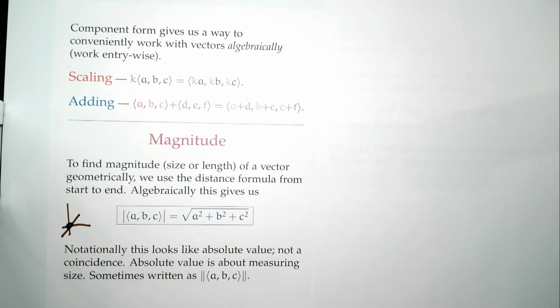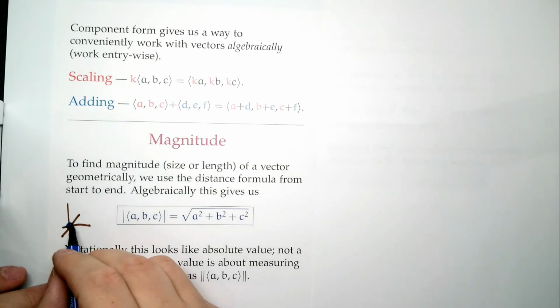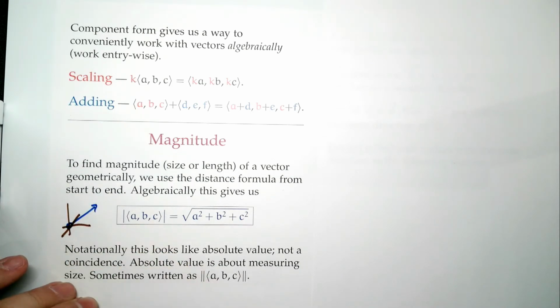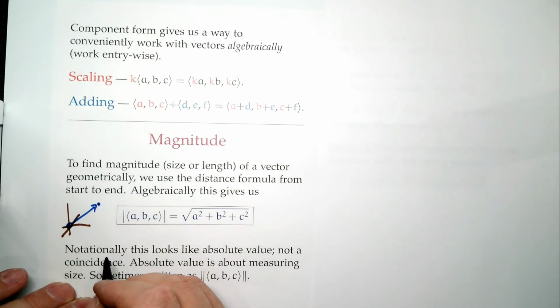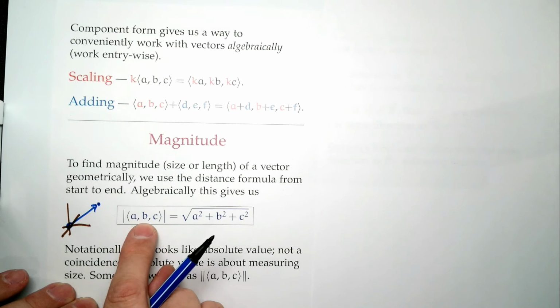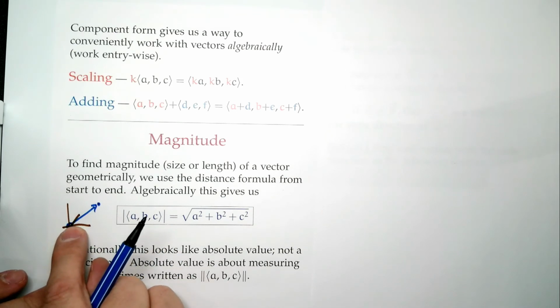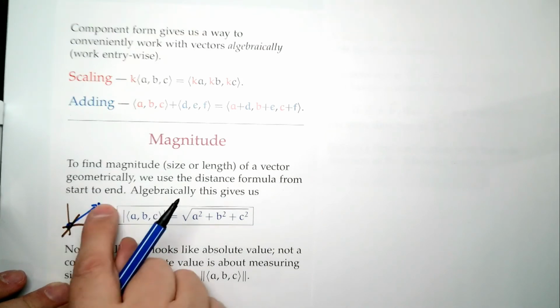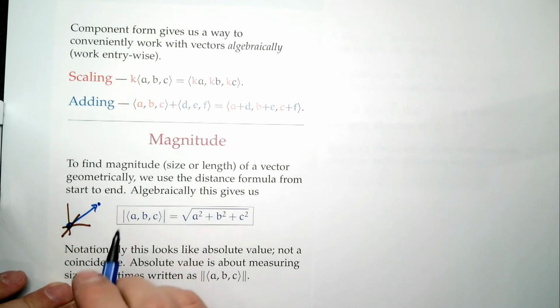Because again, vectors can be put anywhere. Why not put it so that the tail is at the origin? We can do that, and then the vector comes out. Where would the vector a, b, c end up? What point would I be at? If I put the vector so it starts at the origin, where's the end point? It's at a, b, c.